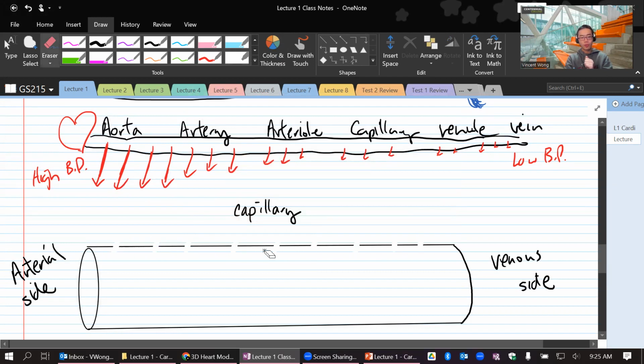So when you draw it, make sure you draw dotted lines and not solid lines. So capillaries have leaky walls. They just do. You just have to believe me. I'm not going to explain too much about it.